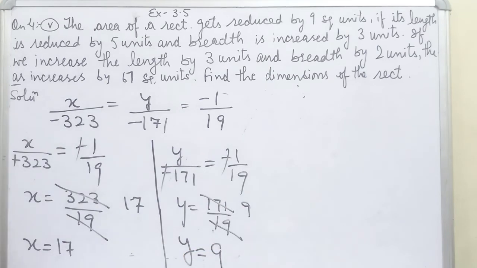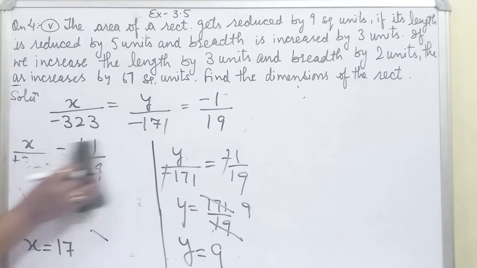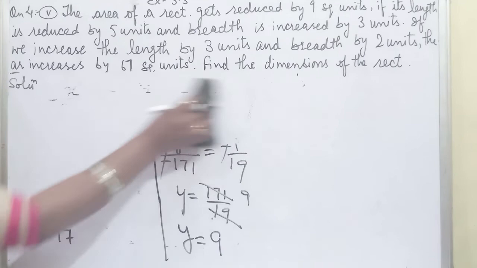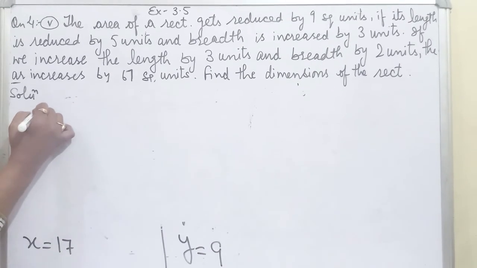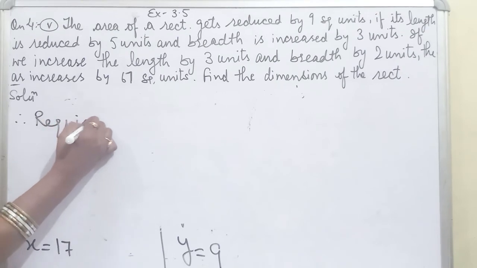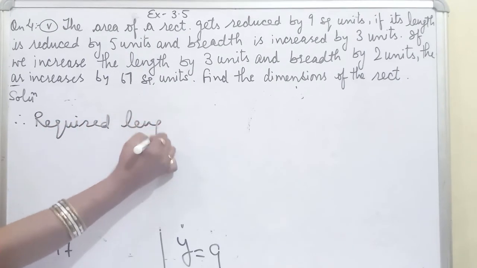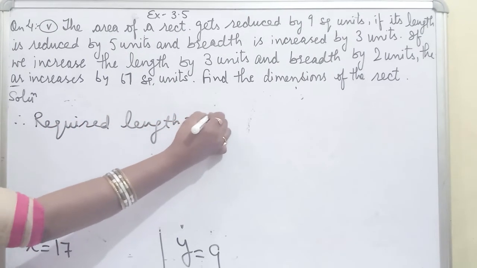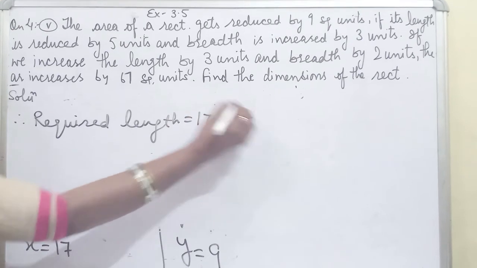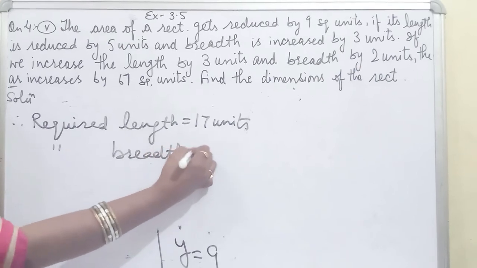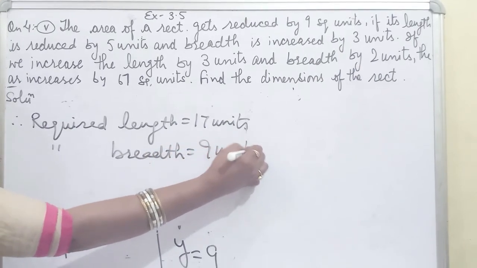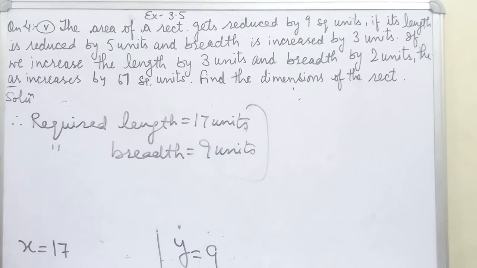So y is equal to 9 and x is equal to 17, and at last we have to write the answer with notation. The required length is 17 units and the required breadth is equal to 9 units, and these are our answers.